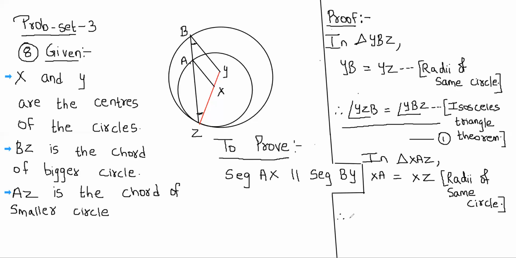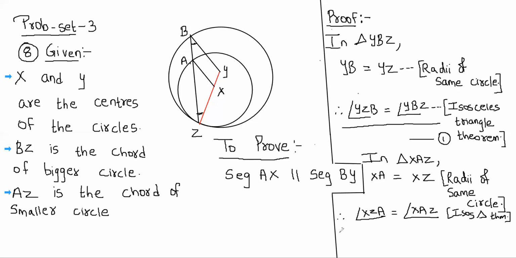Therefore, we'll consider the opposite angles now. Angle XZA is equal to angle XAZ. In bracket, reason: isosceles triangle theorem.